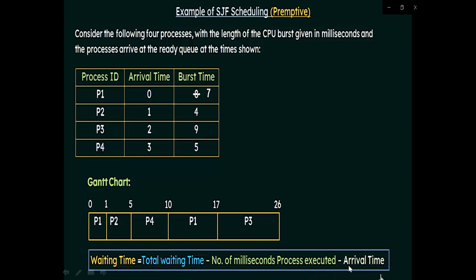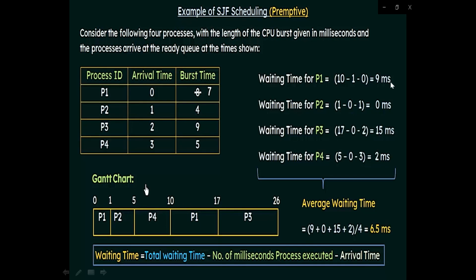So we will put the values of these processes in this formula. For P1, it completes its execution at 17, and the total waiting time is 10.